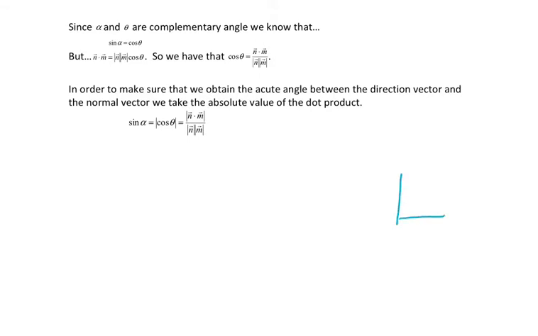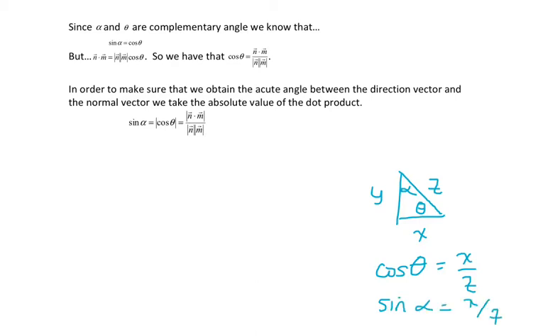If we have a right triangle and this angle is alpha, that angle's theta, this angle's alpha. If we have, let's say x, y, z, so if you just think about this, cosine of theta is going to be x over z, which is the same as sine of alpha, also x over z.